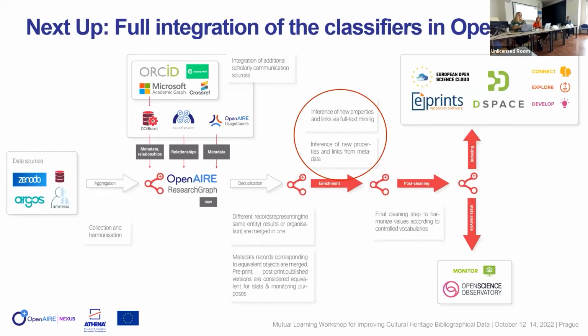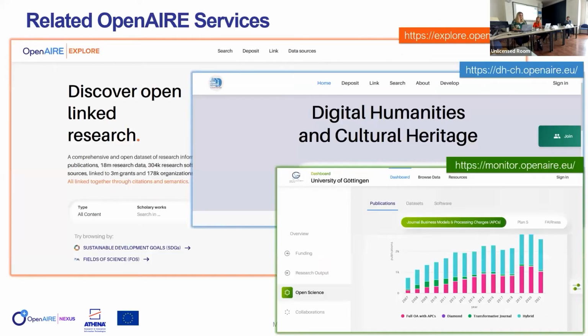And now we have started working on fully integrating the classification systems in OpenAIRE, which would happen in the circled part of the pipeline, after the deduplication, where our inference system kicks in. Already, you can go and see some of the results.